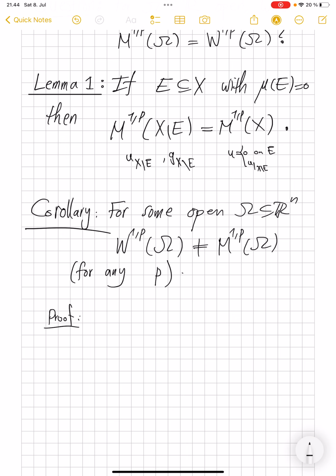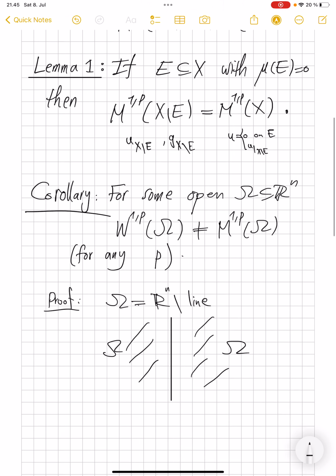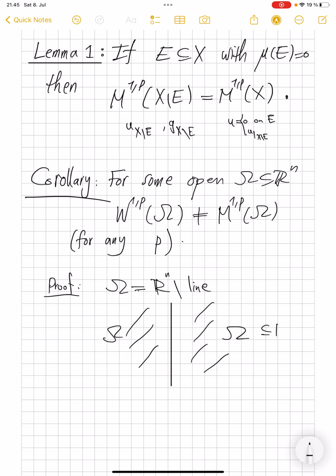Just take, for example, R^n minus just one single infinite line. And I'm going to intentionally draw it like this. So suppose omega is everything except this line on R^2, for example.